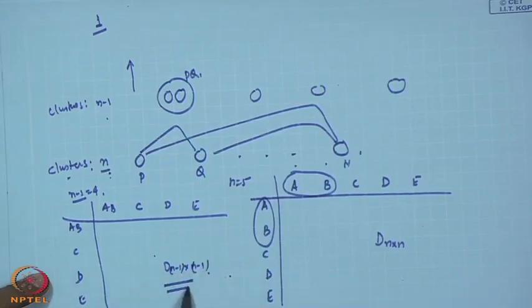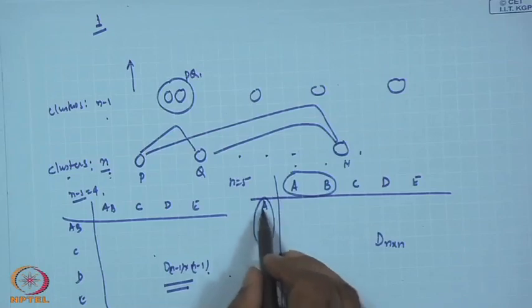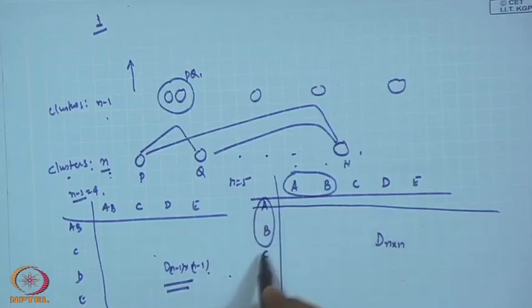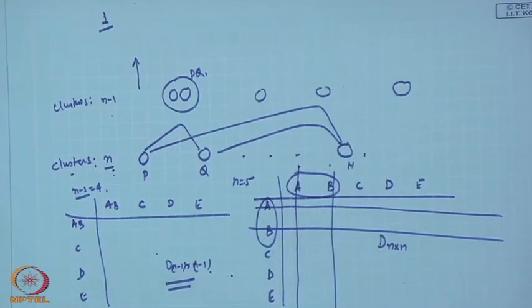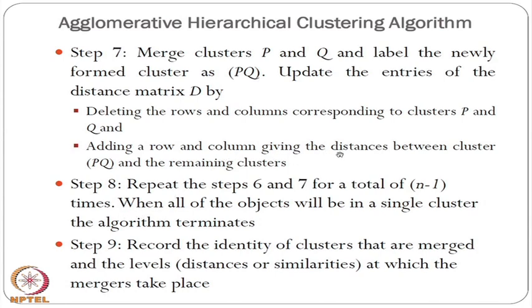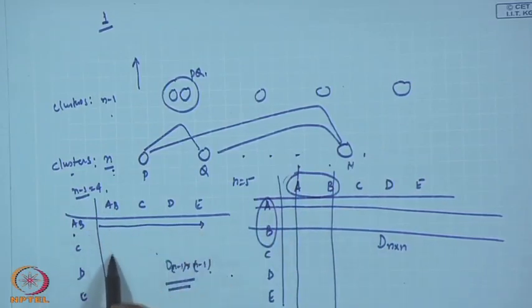We have to find this out. That is what is said here: deleting the rows and columns corresponding to clusters P and Q, here A and B. So you delete the A and B rows. Then you add a row and column giving the distance for PQ. Like AB, you add one row and one column.